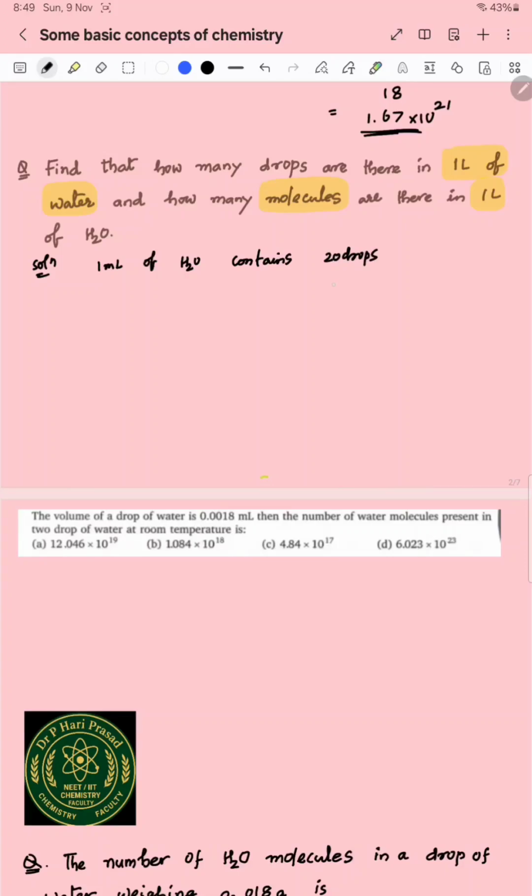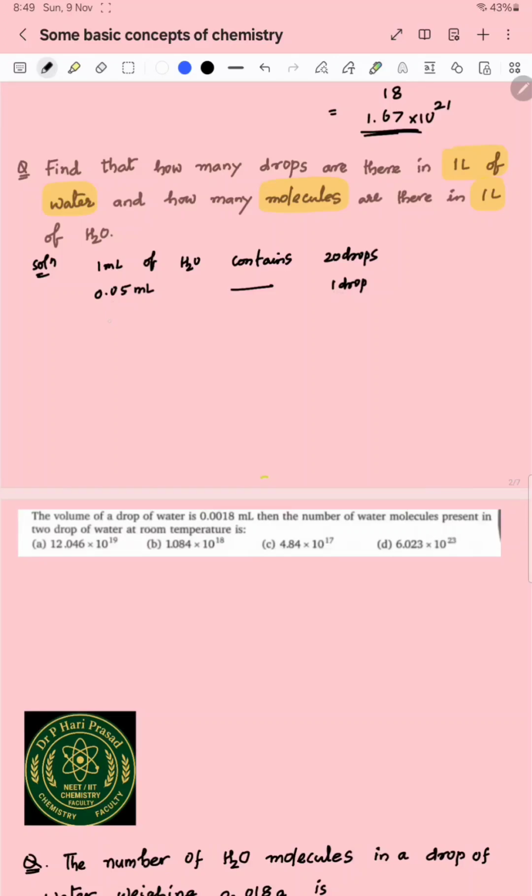So here 1 drop of water volume will be 1 by 20, that means 0.05 ml, right? So 1 ml of water contains 20 drops, then 1 drop contains 0.05 ml, right?